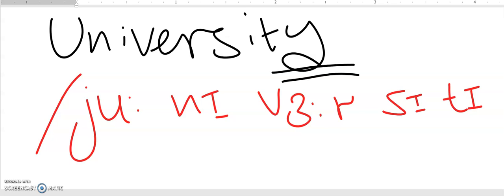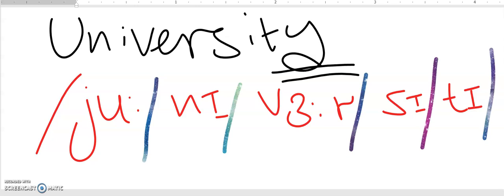So let's count the number of the syllables. U, ni, ver, si, ty. How many? We have five vowel sounds. 1, 2, 3, 4, 5. Five vowel sounds means five syllables.